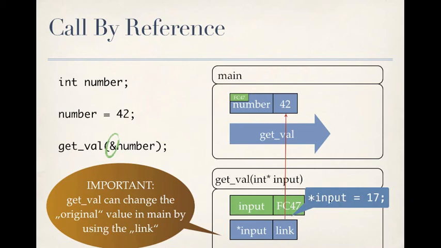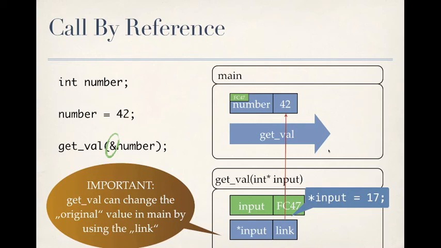Here we have FC47 and it takes the value of this address, so we go back to the original value, and that's why we could change the original value of 42 into 17.